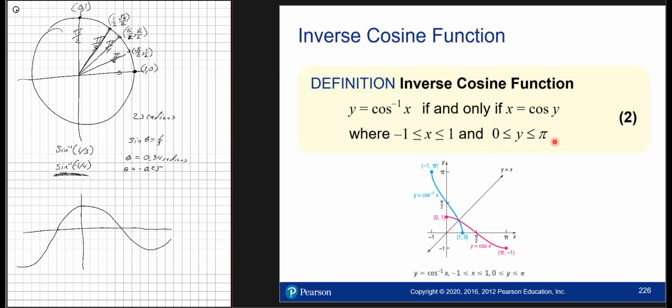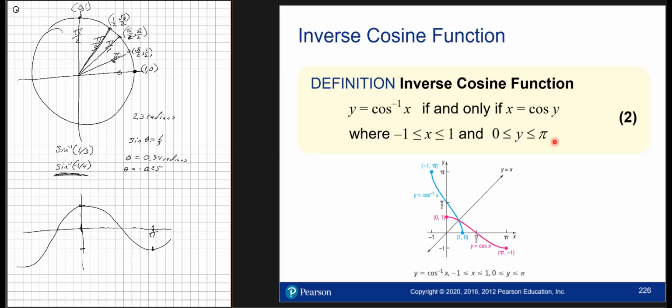So the angle measure from 0 to pi covers all the y values from -1 up to 1. Right?